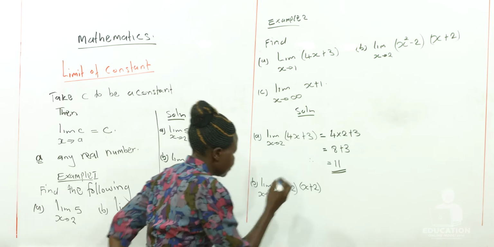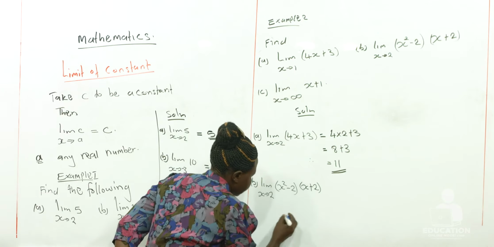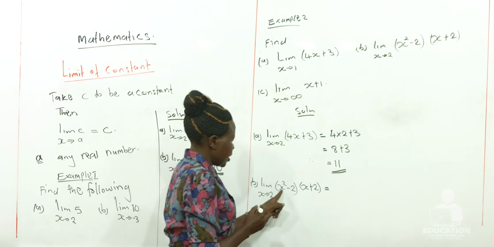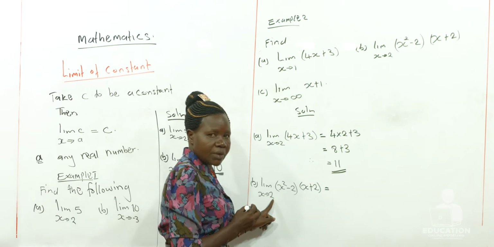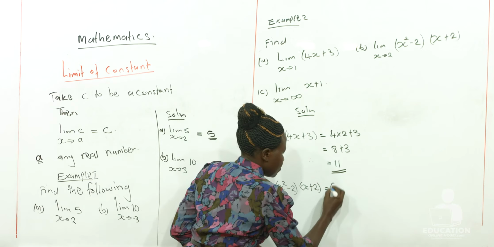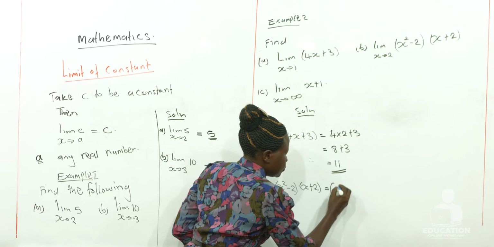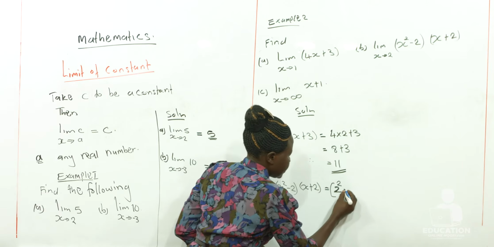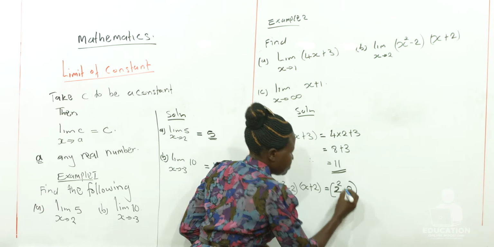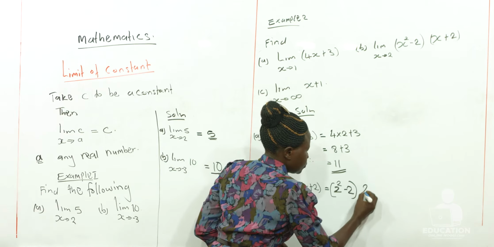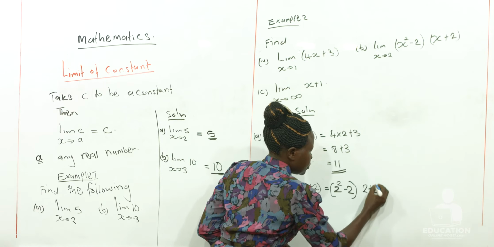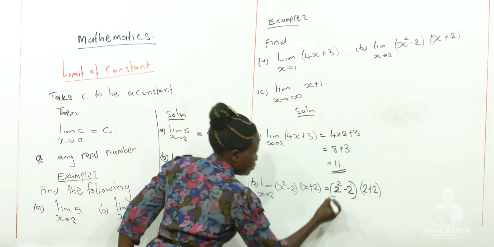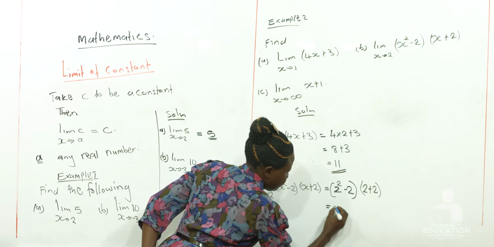Then how do you make it organized? You simply say, x is the same as 2. So you will have, open the bracket, 2 squared minus 2, close the bracket, times 2 plus 2, close the bracket. And then from here, when you square 2, we get 4.